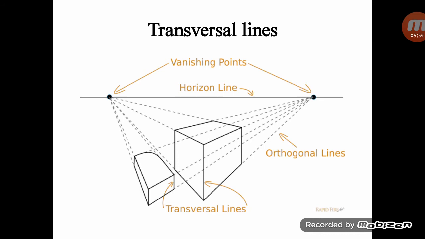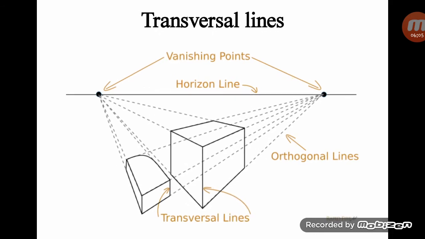Transversal lines are always at right angles to the orthogonals, parallel to the picture plane and to one another.